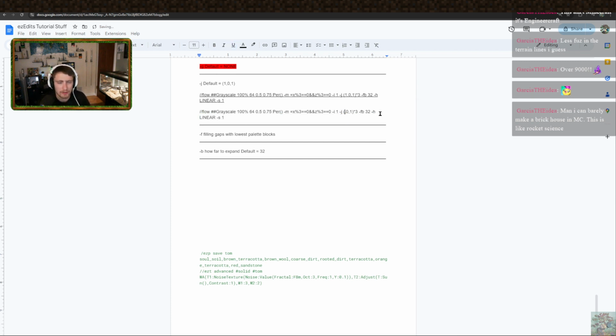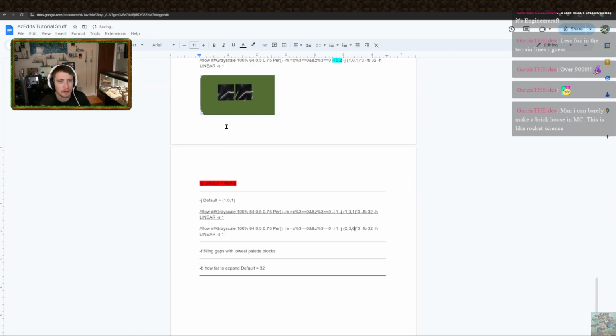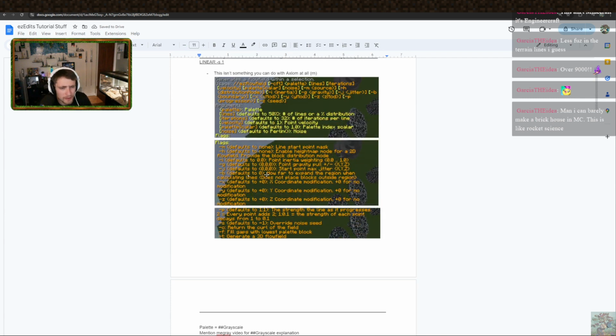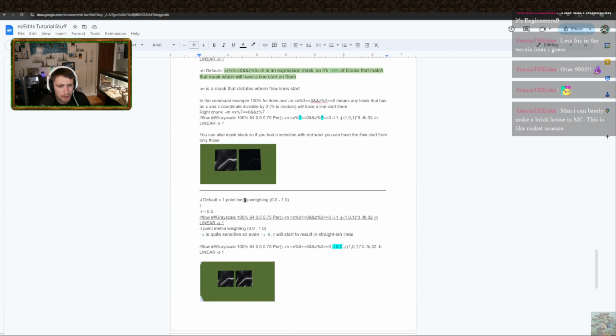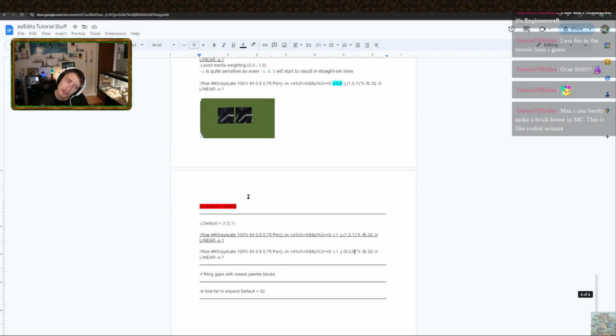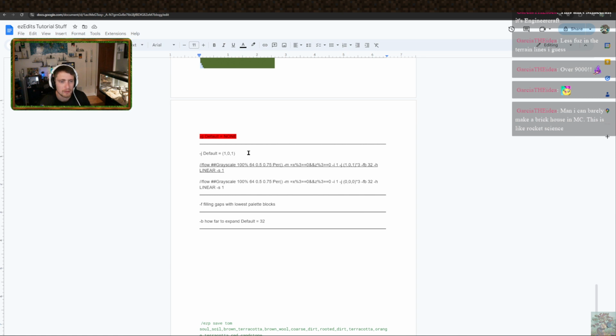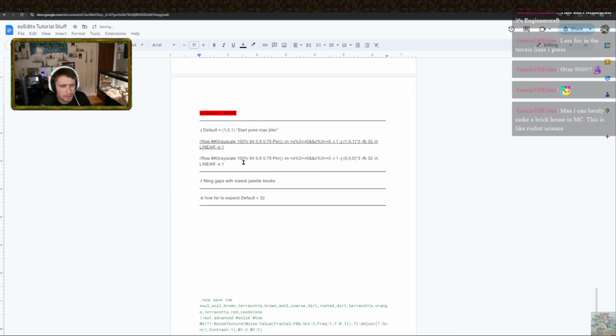Let's just change it all to 0 first. And I'm also gonna write down what it actually says it's doing: start point max jitter. I'm gonna put little quotation marks around that just so I know that's what it actually says.